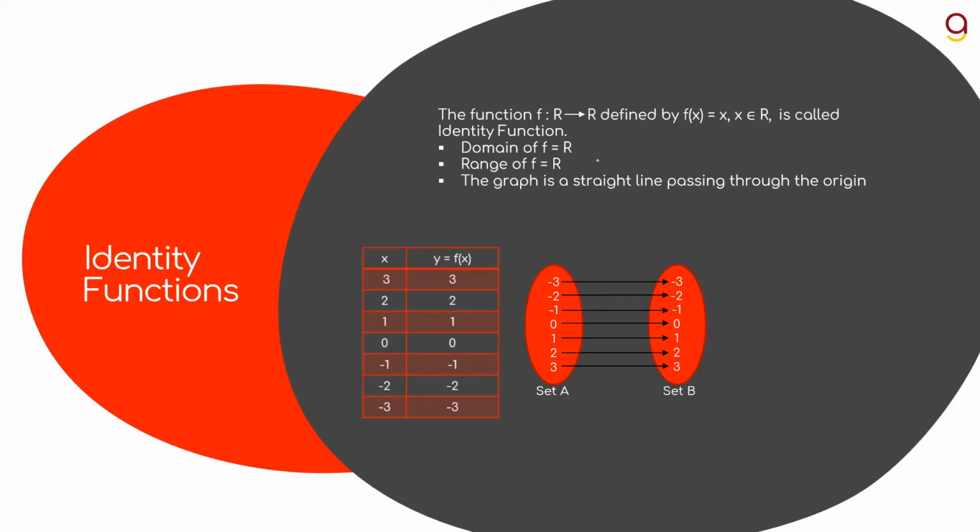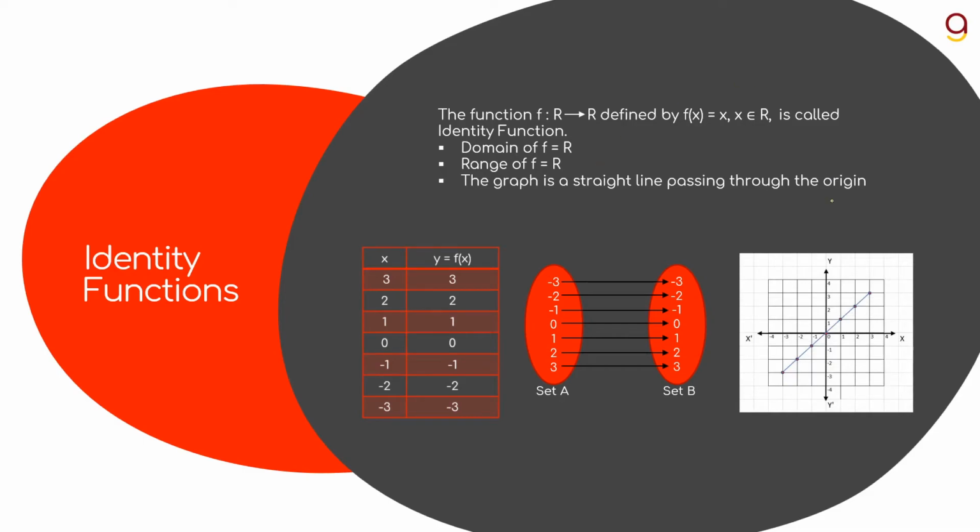Now if we plot a graph for the same, this is the x-axis and this is the y-axis. We take some points on the x-axis: 1, 2, 3, 4, and on the negative x-axis: -1, -2, -3 and -4. For 0 on the x-axis, the y-axis also gets 0.